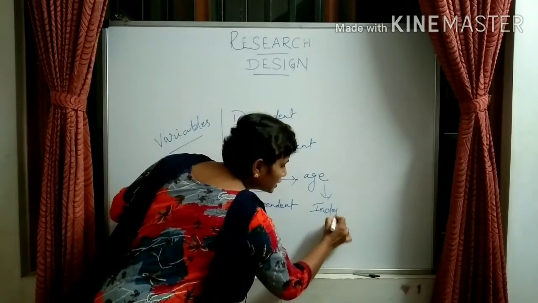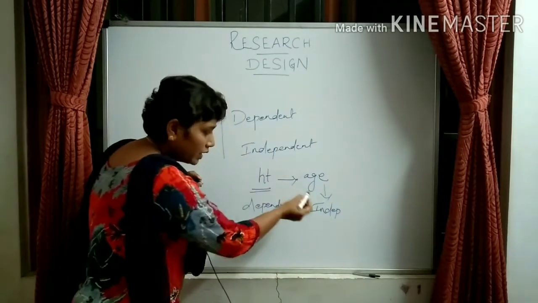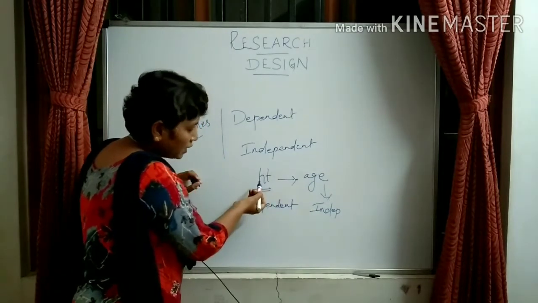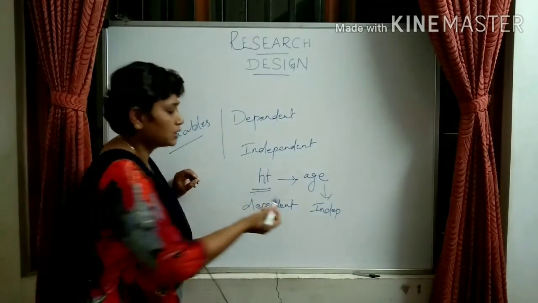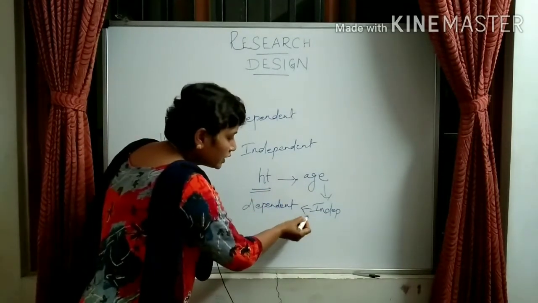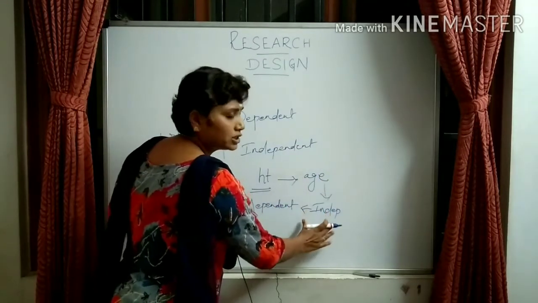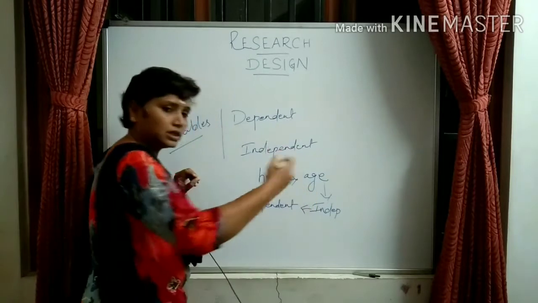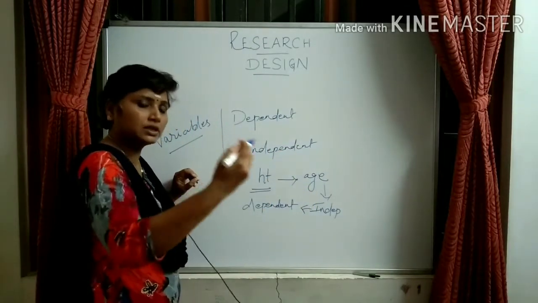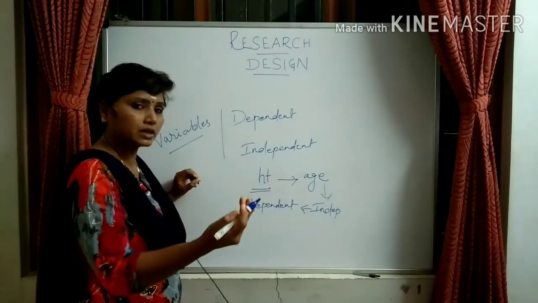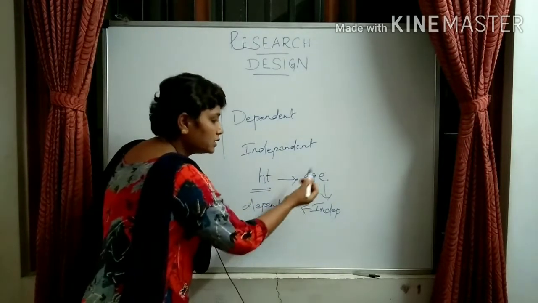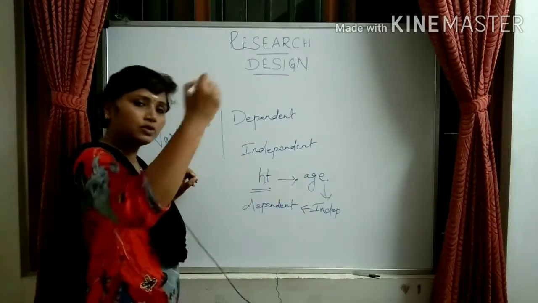When the age grows, the height will increase. So there is a relationship between the independent and dependent variable. The independent variable is not changing. The height, as usual, will increase every year. When the age is growing, the height also will grow.